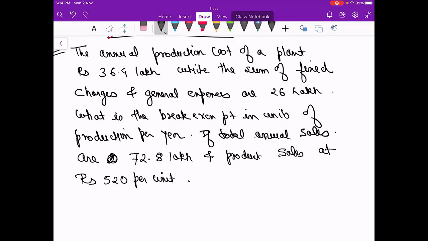Yes, Rahul, it is 26 lakh, not 0.26 lakh. It is 26. Shivam, correct answer. Solve fast. This is a very easy question actually.